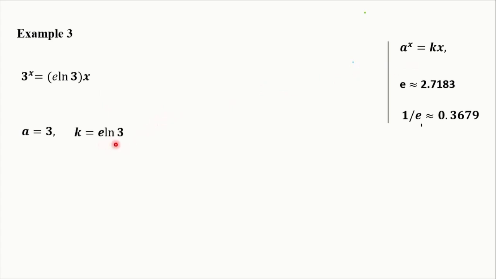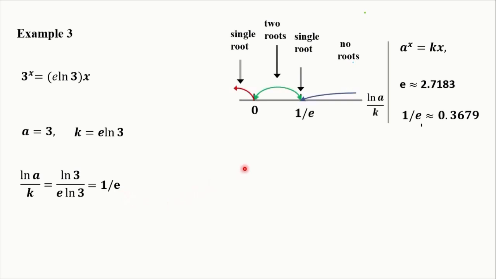In example 3, we will consider this equation where a equals 3 and k equals e times ln 3. In this case, the parameter ln a over k equals ln 3 over e ln 3, or equals 1 over e. On the diagram, this point is here, so we have here a single root.